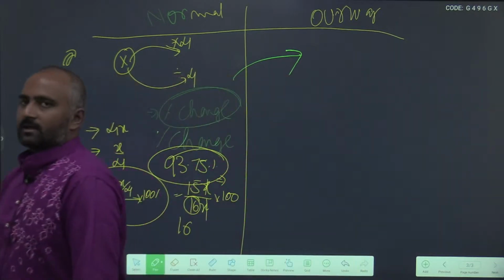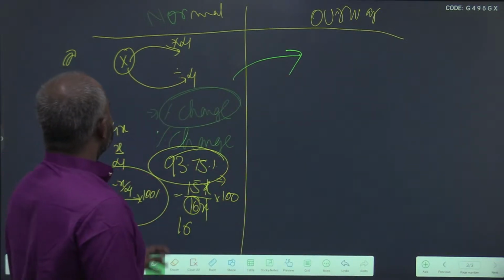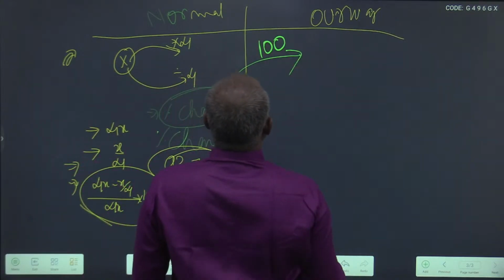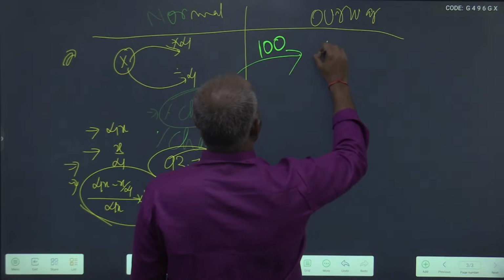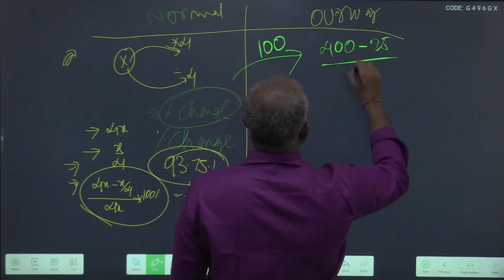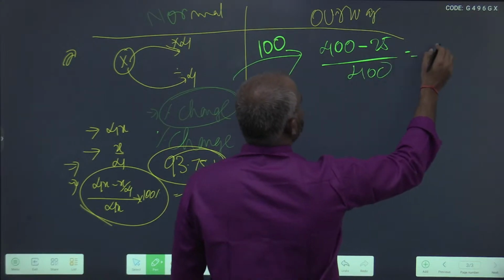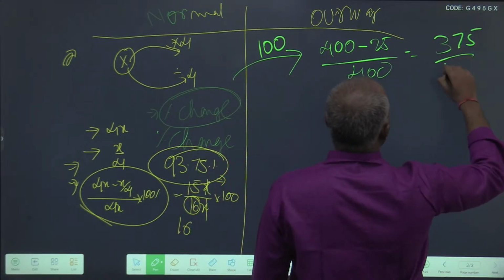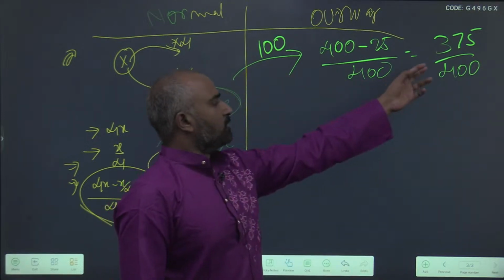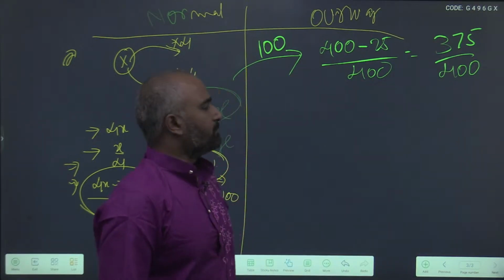The efficient way is, instead of taking x, someone may start with 100. The problem with that is you need to compute 400 minus 25 by 400, which is 375 by 400, a bigger number.